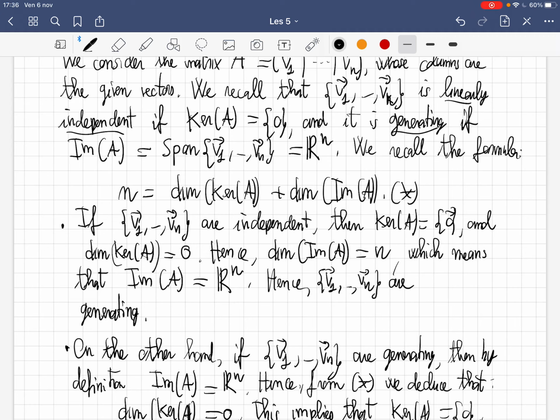Now, in this case, we are not going to investigate this claim more. If the dimension of the image is n, then this coincides. This should perhaps be checked. It's not very difficult, but should definitely be checked.